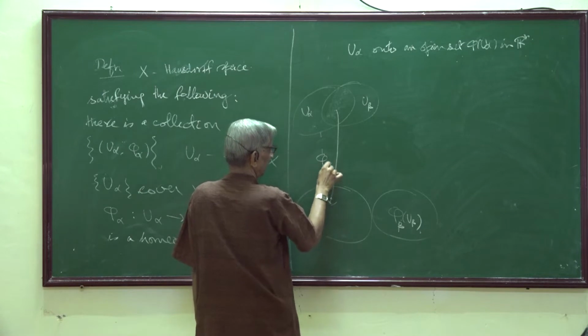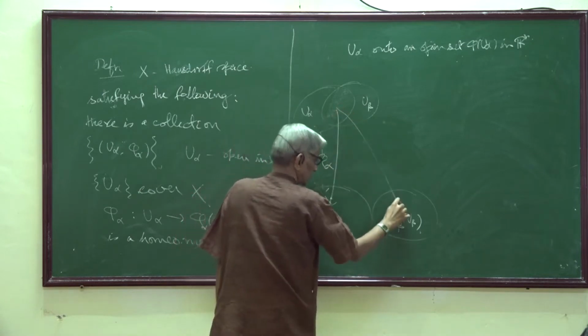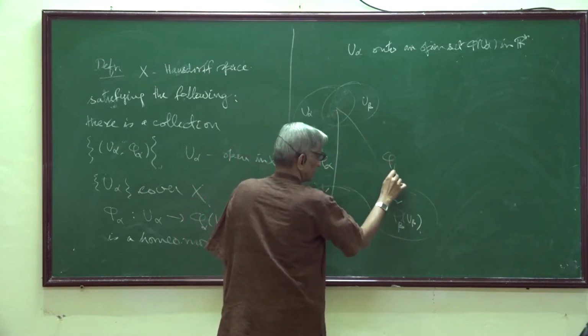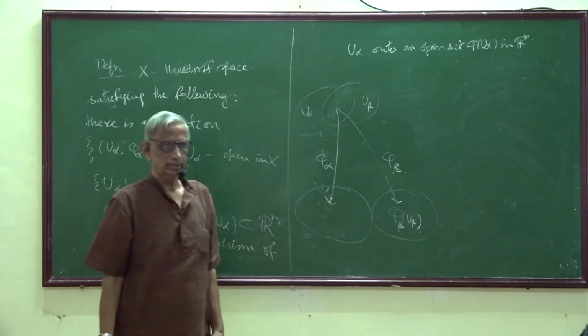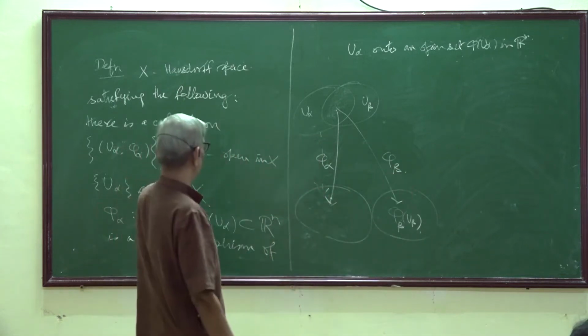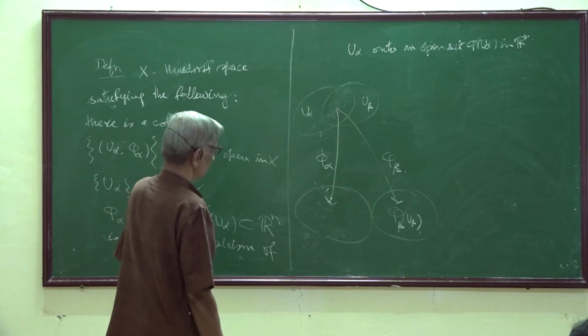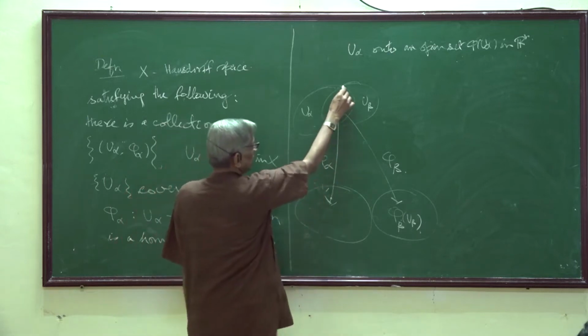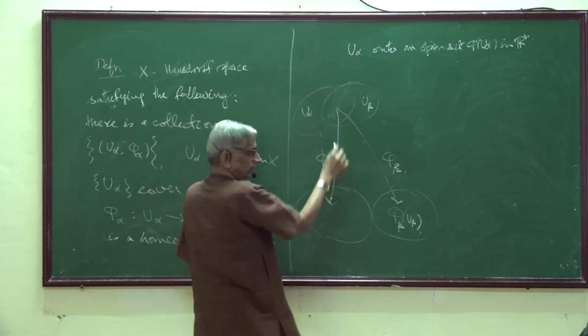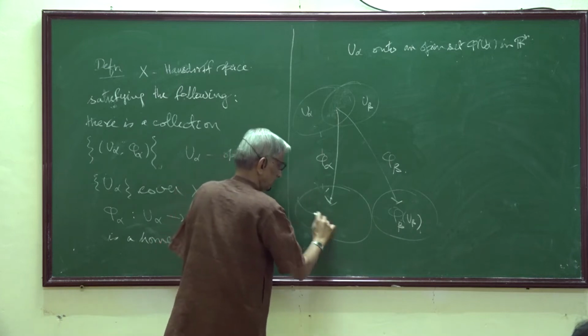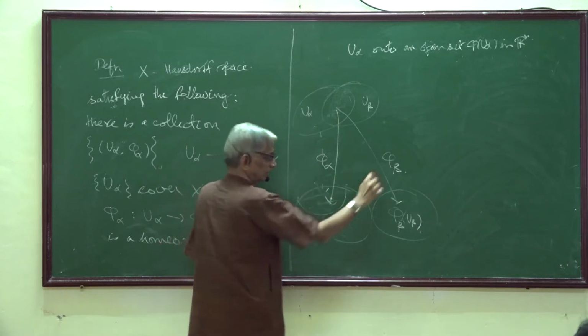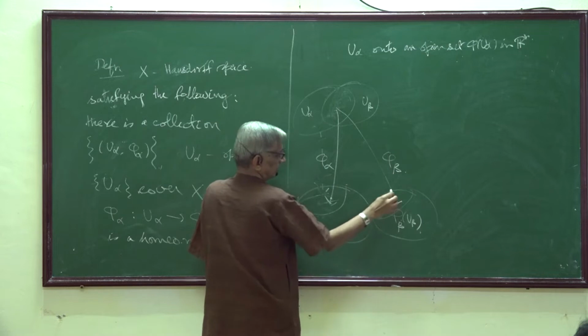So this is phi alpha there. These are homeomorphisms. So the common part here is going to be something here, some part here, some part here.